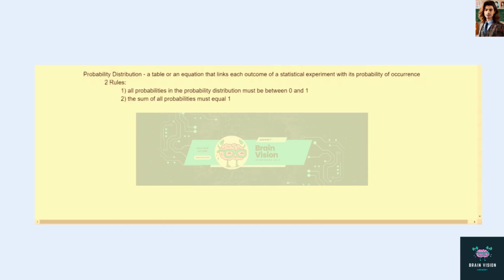Now let's take a look at the distribution we have today and see if we can determine if it is or is not a probability distribution. So we have our events over our probabilities.